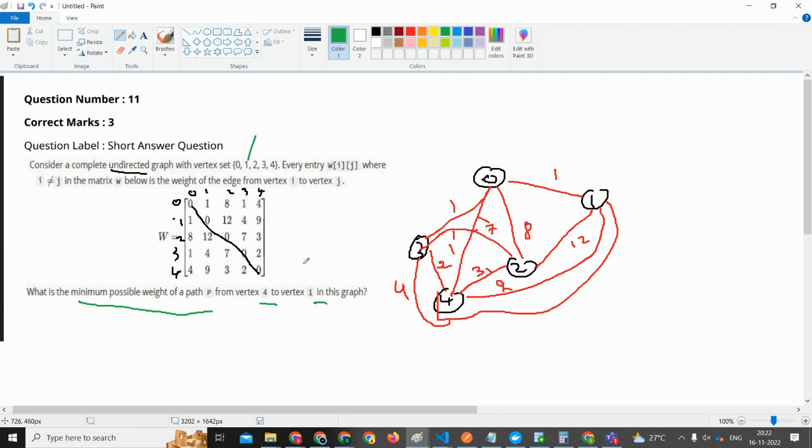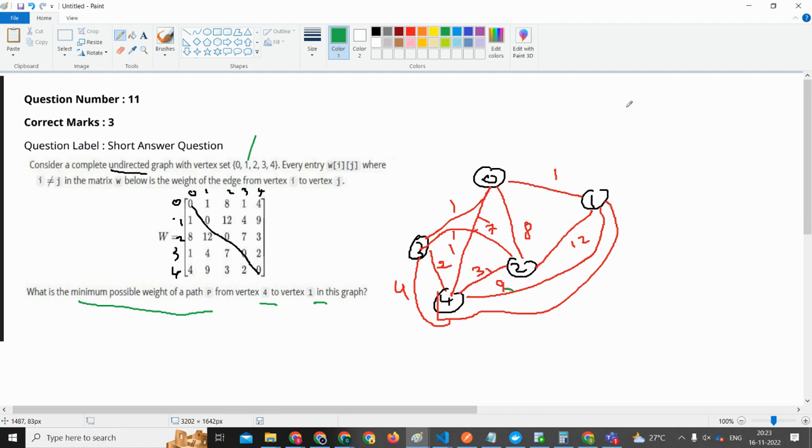9. Is this a clique? Everything is connected with every other thing, right? If you look at the matrix itself, you can see that all the values are filled.